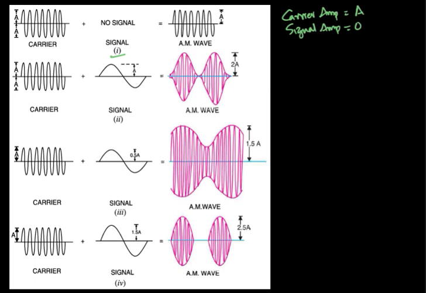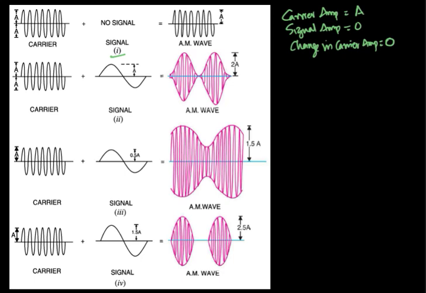So from this one, the change in carrier amplitude will be A minus 0, which is equal to... change in carrier amplitude is 0 because there is no change in the carrier amplitude.